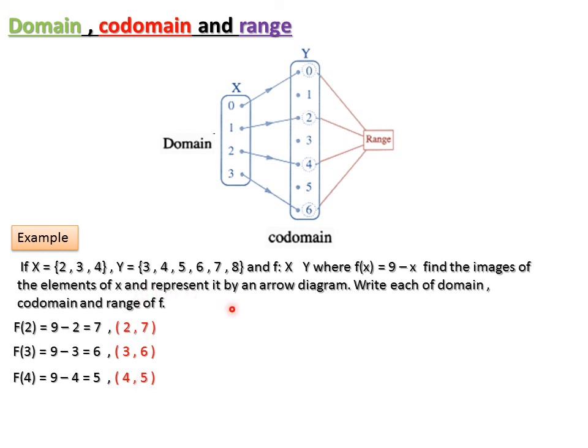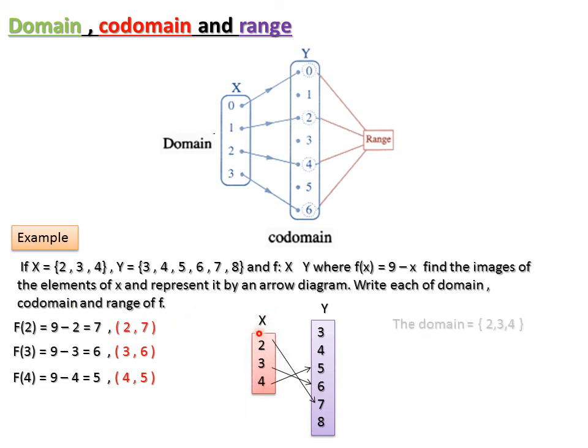Secondly, represent it by an arrow diagram like this: x, y, and 2 connects to 7, 3 with 6, 4 with 5. Finally, write each of the domain, codomain, and the range of f. The domain here is all the elements of x, so the domain equals {2, 3, 4}.